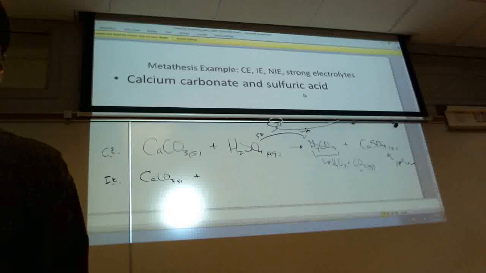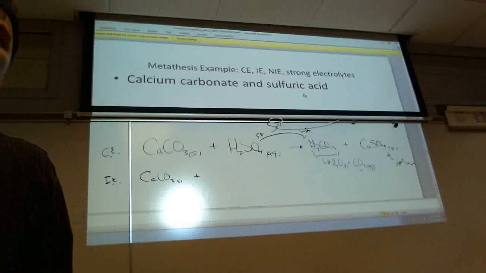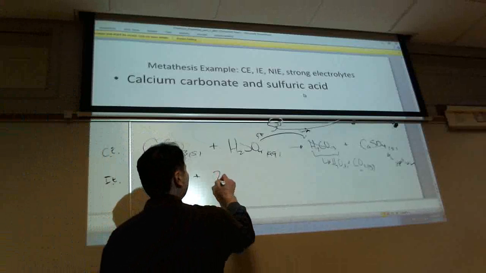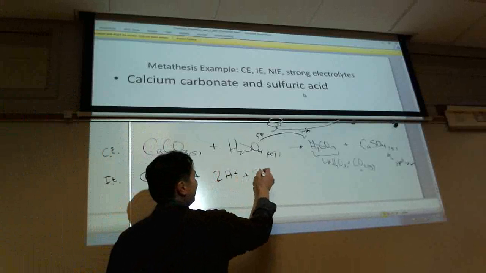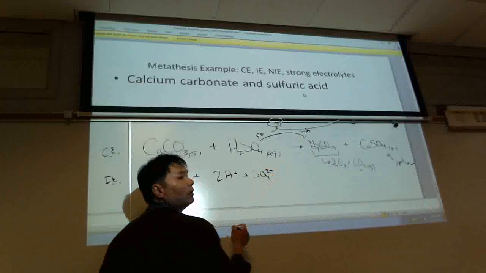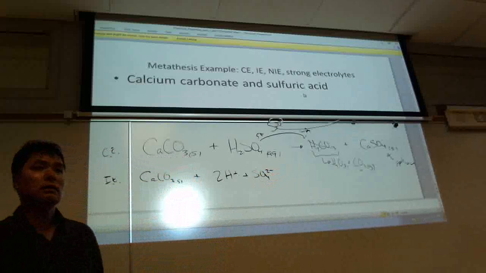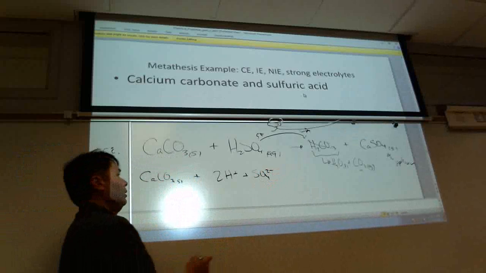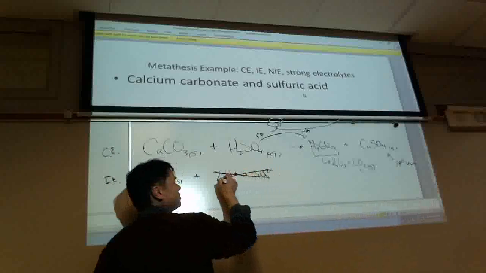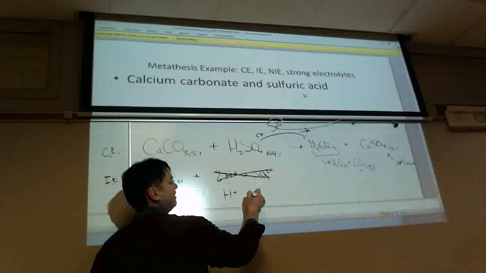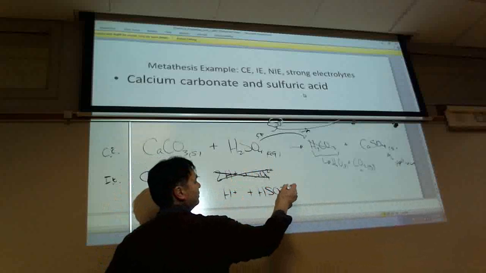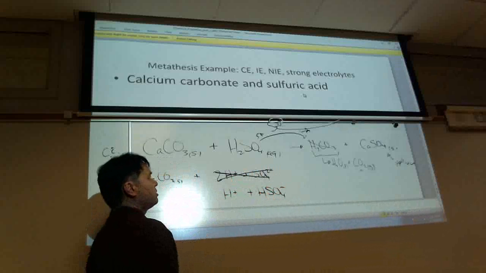So what happens with H2SO4? What happens is, do we get this? 2 H+ plus a SO4 2-? No. Why not? Because the first hydrogen breaks off easily. And so H2SO4 is a strong electrolyte.